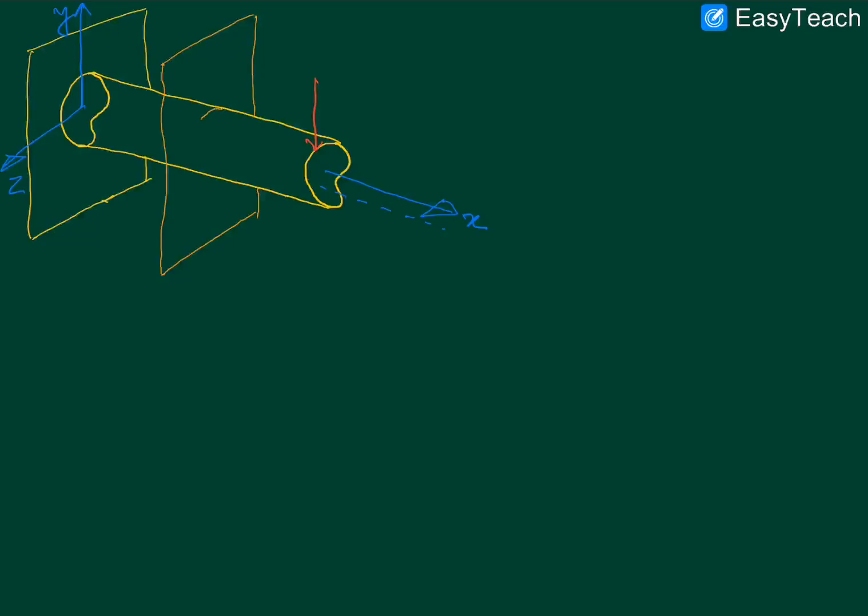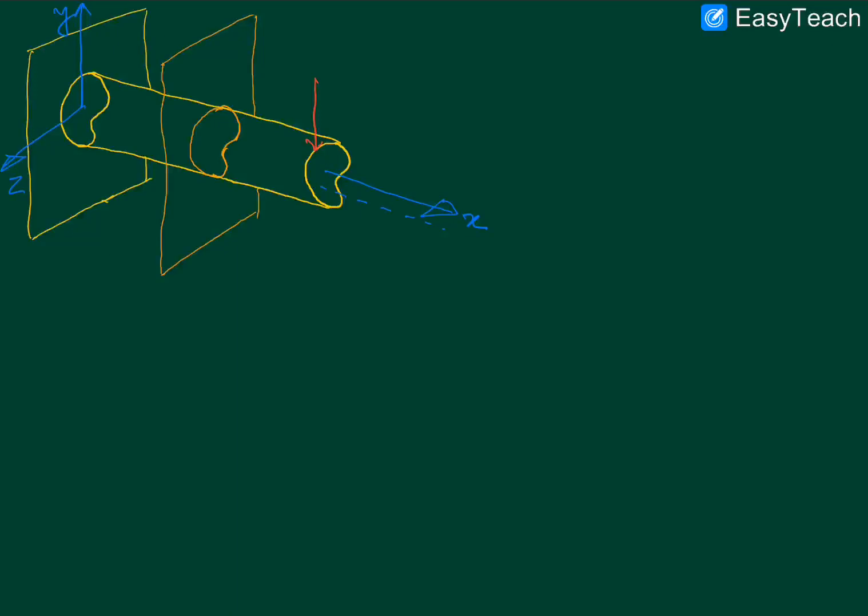And this cut section would expose a cross section like this, which would of course be exactly like this because we are considering a beam.